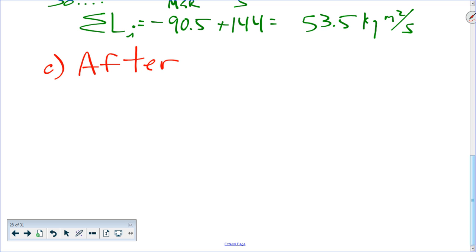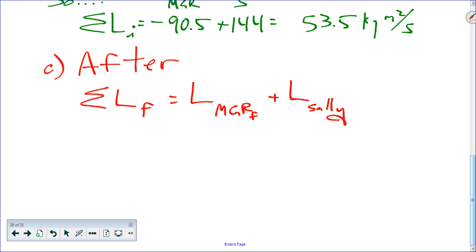So we know that our total angular momentum final is equal to the angular momentum of the merry-go-round final plus the angular momentum of Sally final, and we even know that that's 53.5, right? There is something very, very important that we need to recognize in this problem.